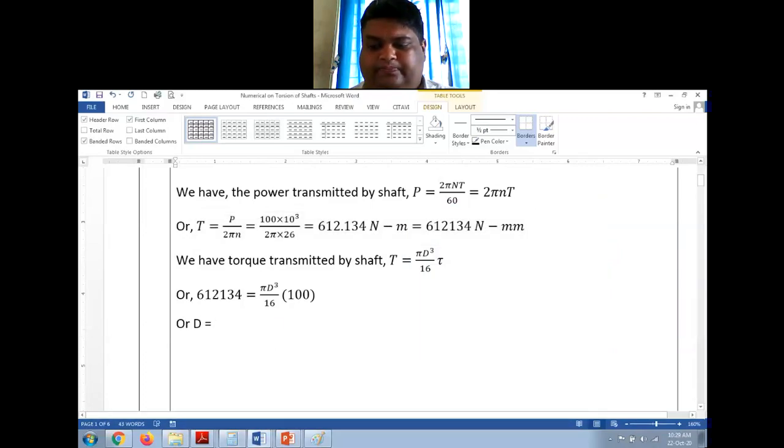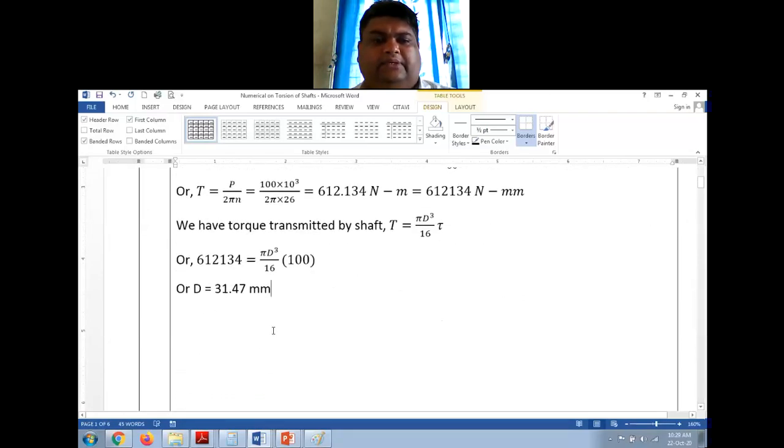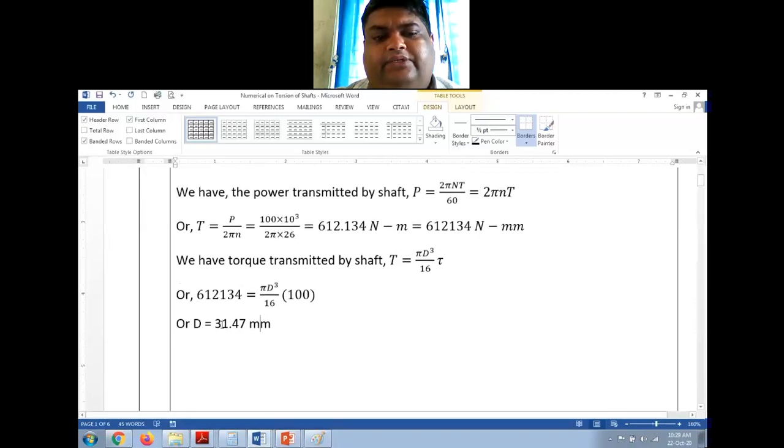So it will be 31.47, right? You don't have to round off or do anything. You just leave the answer here only. In third year, when you go for design of machine elements, we have design of shafts, in which case we will be using the design data handbook and obtaining the standard size of shaft, next size of shaft that is available as standard, right?